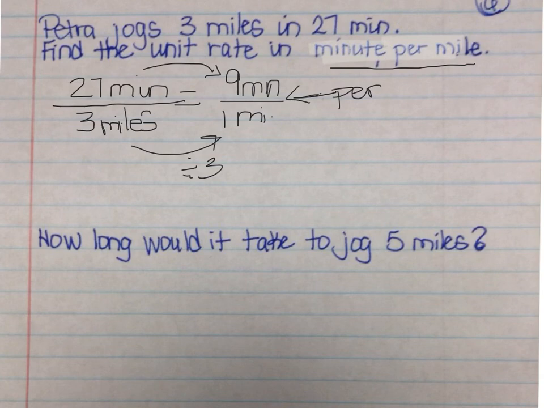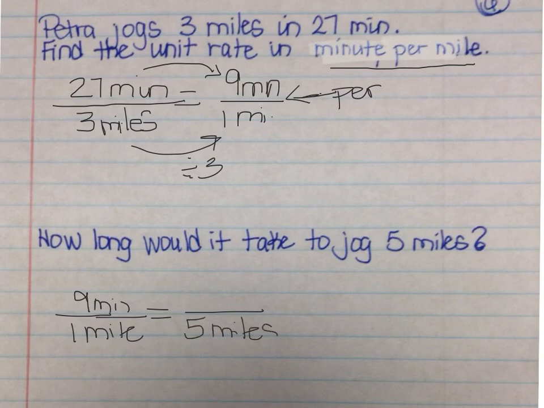Okay. Well, in our head, we could just do 9 times 5 is 45. But let me show you how to do it as a rate, because you might run into this problem later on with numbers you can't just do in your head. So we have 9 minutes per 1 mile. How long would it take to go 5 miles?